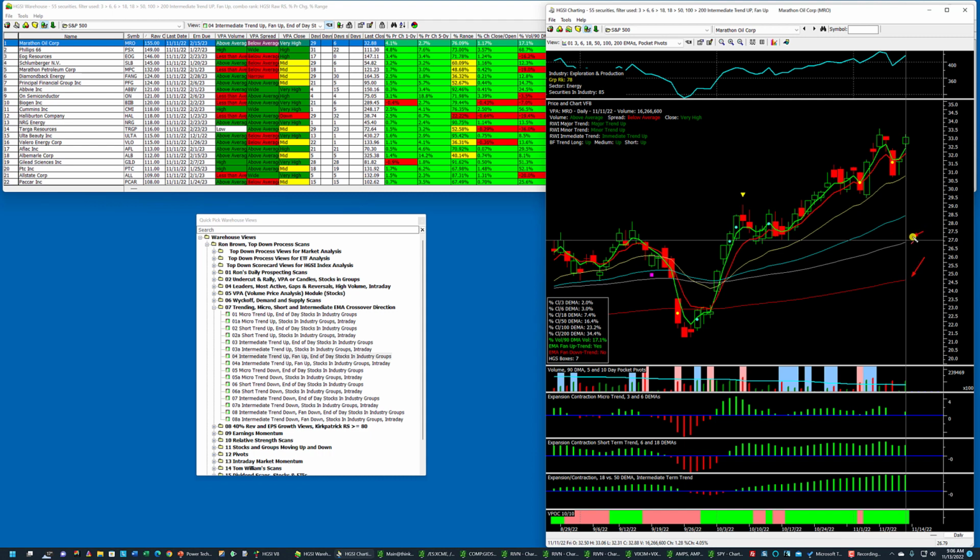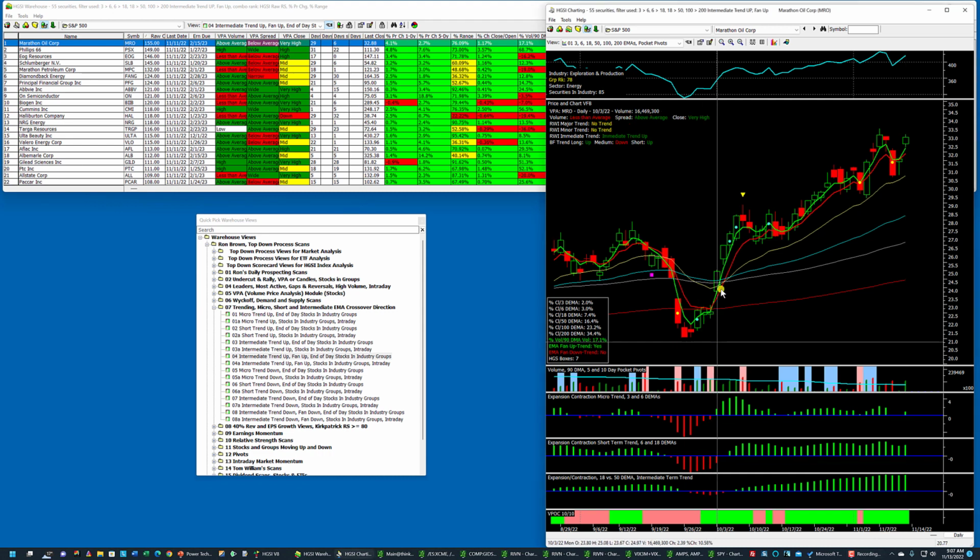Here is the 200, here's the 100, here's the 50, here's the 18, and the 3 is above the 6. So this is a very strong move which began clear back here on this movement. Let me get the crosshair on here.